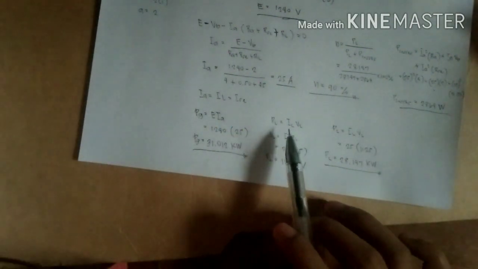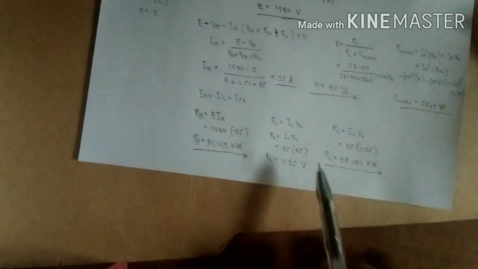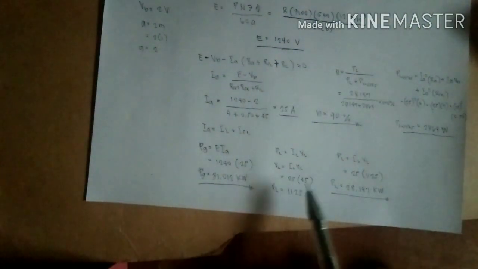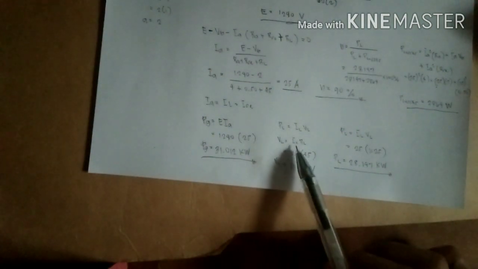Since we already have the value of IL, but we don't know yet the VL, how do we find the VL? Simply use Ohm's law, V equals IR.